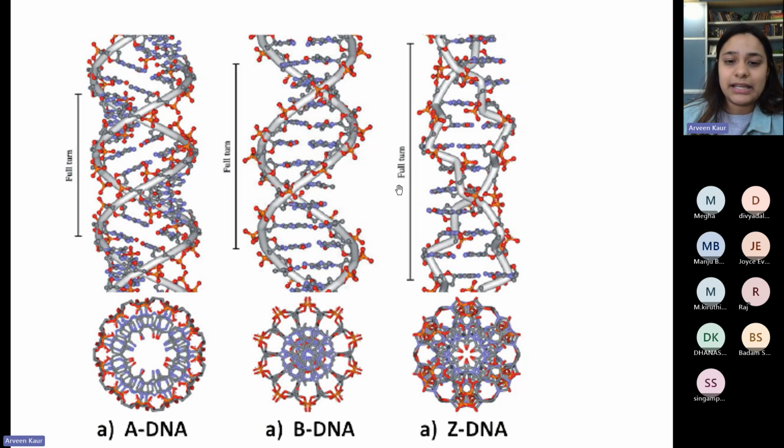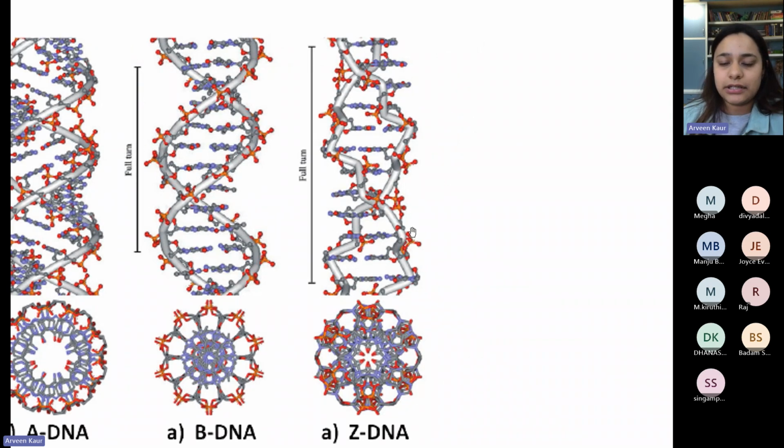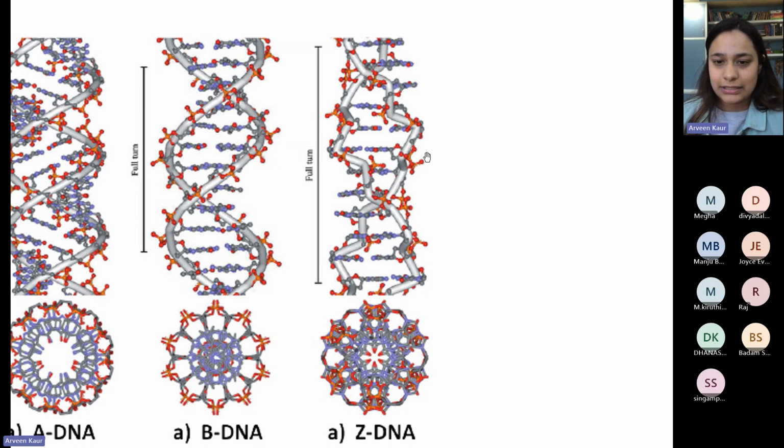While in case of B DNA, there is a significant difference between the major groove, which is very large, and the minor groove, which is considerably small, right? Then there is Z-DNA, which again has almost equivalent major and minor grooves, but over here, major and minor are not equivalent, because if you see on the right side, this is the major groove, which is considerably bigger than the minor groove, right?